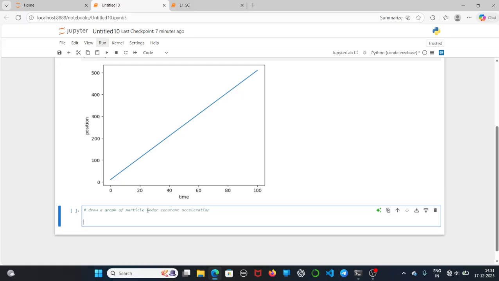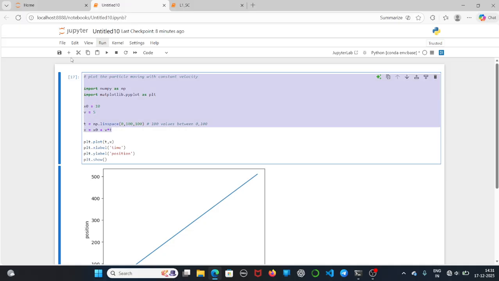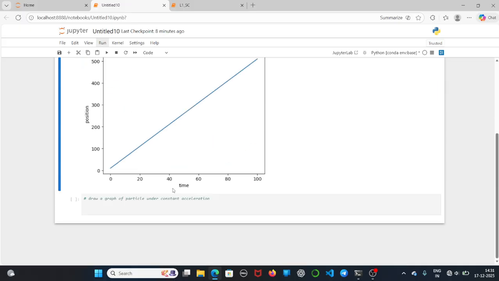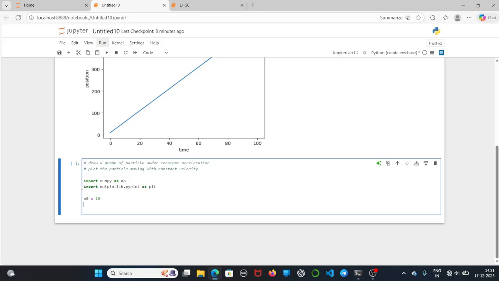Okay, a few things are the same. We are going to import numpy as np and x0, and we can't declare v as constant because the particle is accelerating.